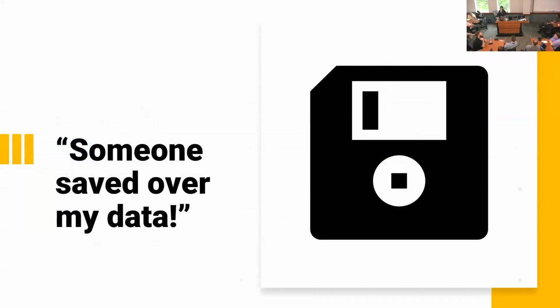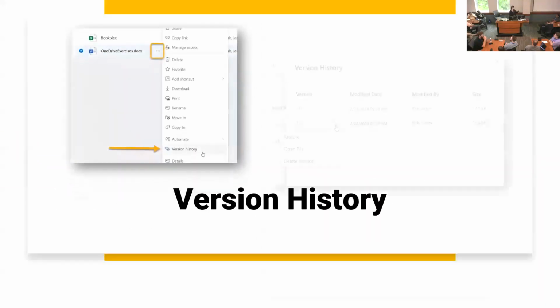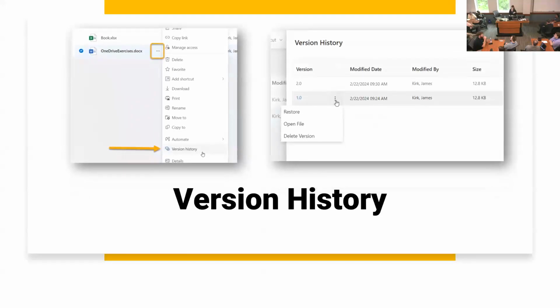Okay, someone saved over my data. Another true story. Faculty member collaborating with the student. We have an Excel file. The student typed over a bunch of my data. It was saved in a team. So we can get to, you know what I'm going to say next, version history. So again, defaults, your mileage may vary in your tenant, but you have up to 500 versions of each document in OneDrive, Teams, and SharePoint.